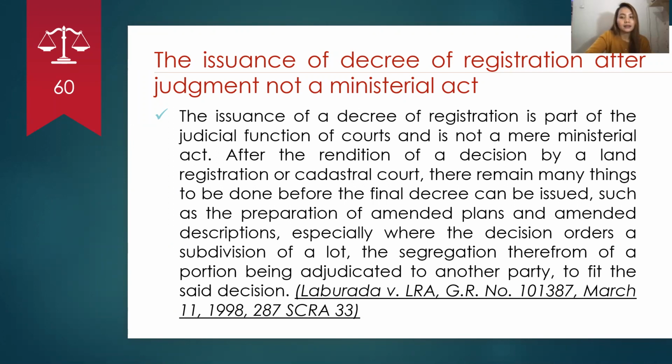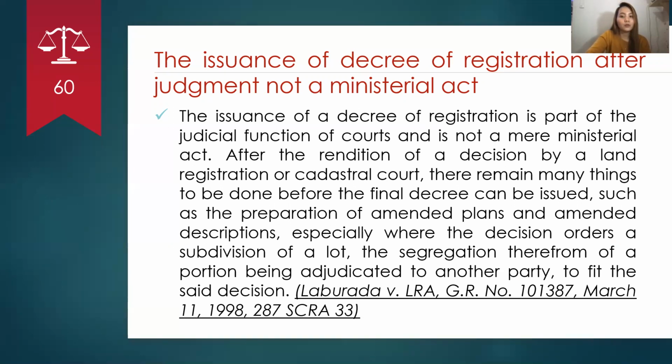It is settled that the Land Registration Court has no jurisdiction to order the registration of land already decreed in the name of another in an earlier land registration case. A second decree for the same land would be null and void, since the principle behind original registration is to register a parcel of land only once.